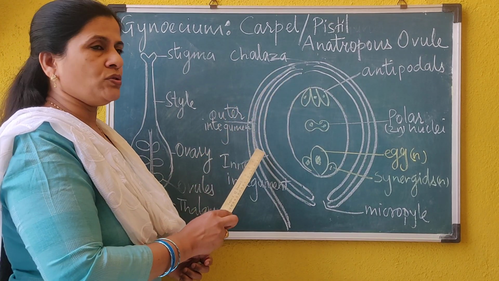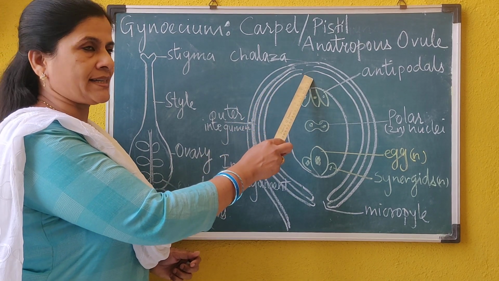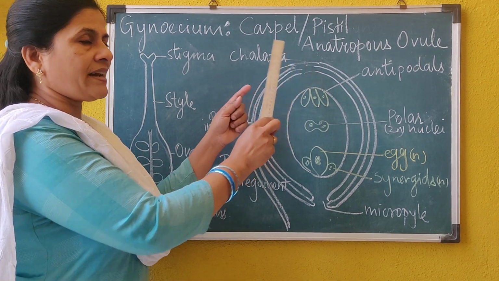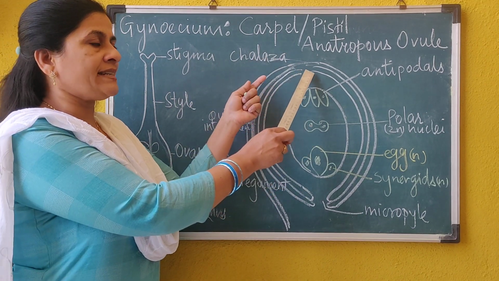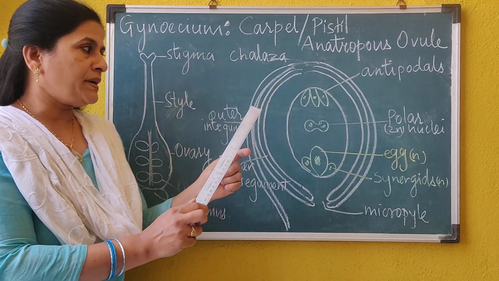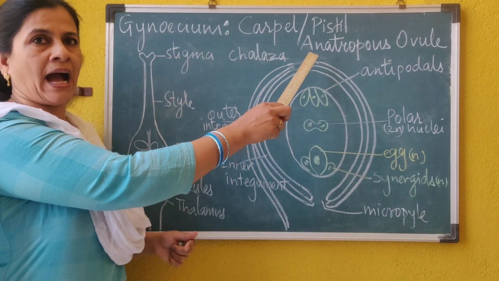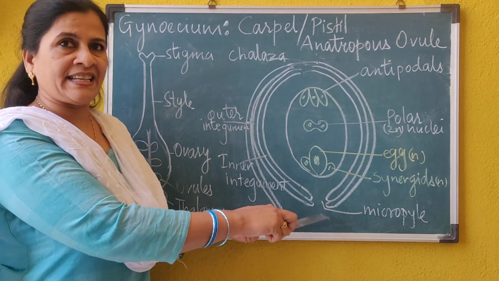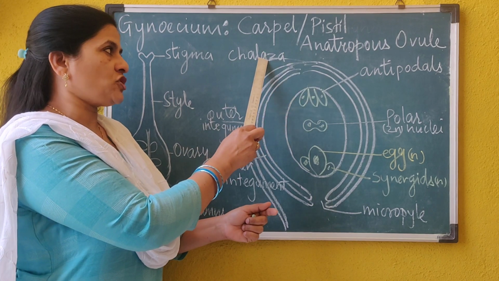Then there are 2 integuments or coverings which start from the chalaza end. Chalaza is the base of the ovule. In this diagram, chalaza is seen at the top. That means the ovule is inverted, hence the basal portion is seen upward while the tip is seen facing downward. So this is the base of the ovule called as chalaza.